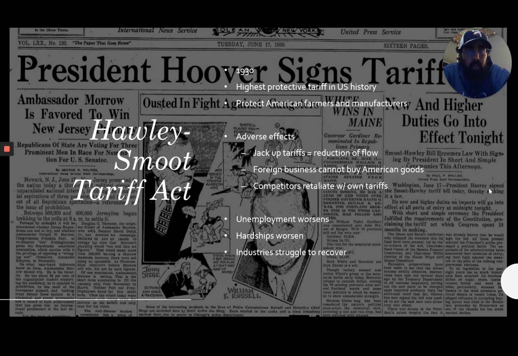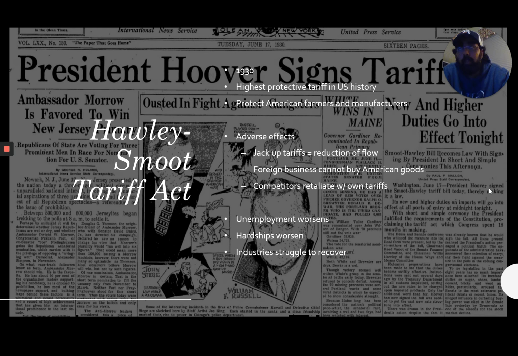When you jack up tariffs, you can't sell your product anymore. And not only that, because there's no centralized currency amongst countries, right? Foreign countries, if France can't buy American products, France cannot then have the American capital, the U.S. currency to spend.